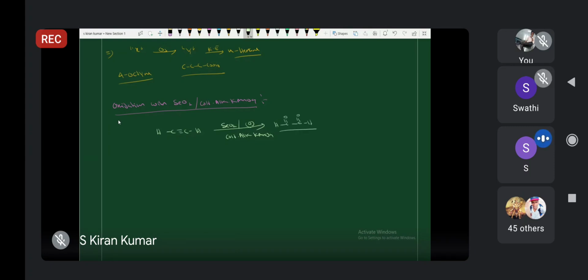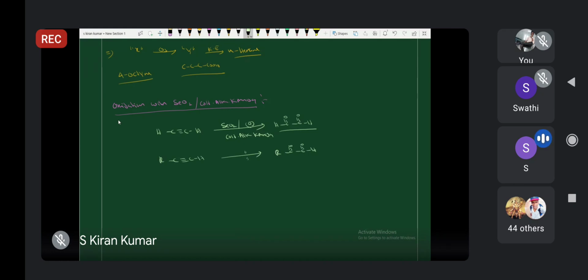This is called glyoxal. When terminal alkynes are present with these reagents, this reagent forms alkyl glyoxal.